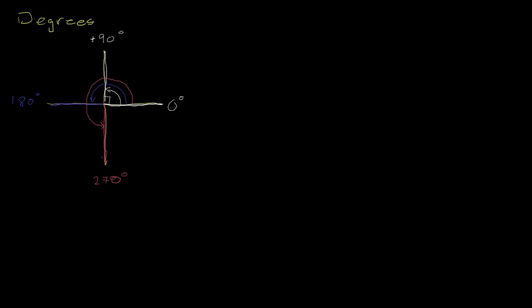And if I keep rotating, then I come back around, and if I rotate another 90 degrees, I'm at 360 degrees. So this is 360 degrees rotated counterclockwise. Now, the thing about these angle measurements is we don't need to stop here at 360.